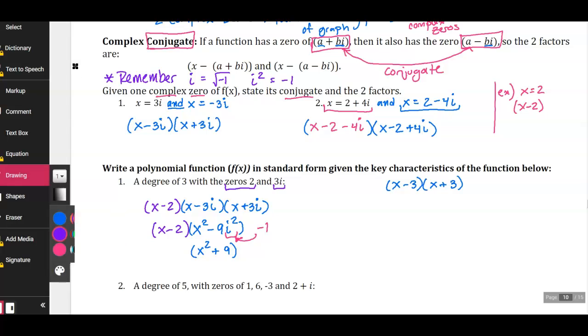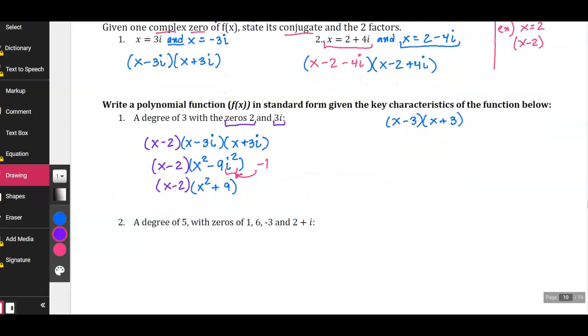So here I now need to multiply these together. I'm going to distribute everything, double distribute, and end up with x cubed plus 9x minus 2x squared minus 18.